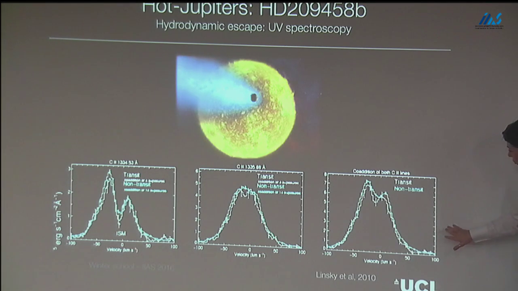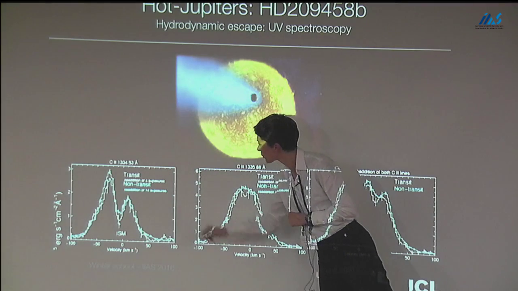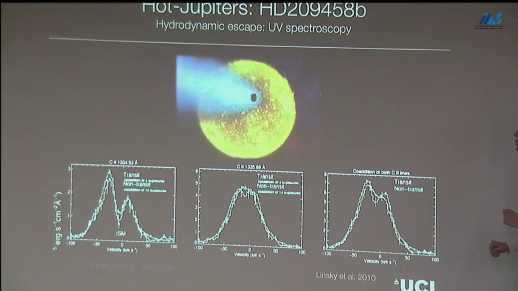So the observations I'm showing you here were done by Linsky and collaborators, and they look at several ions in the upper part of the atmosphere of HD 209458b. And so this measurement, coupled with other measurements that were done, for instance, by Vidal-Madjar in the Lyman alpha part of the spectrum, and other teams for other planets, seems to suggest that many of these hot Jupiters that are located very, very close to the star are losing their atmosphere in a hydrodynamic sort of way.